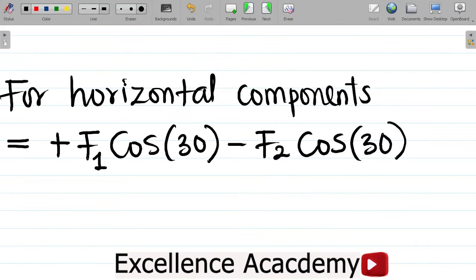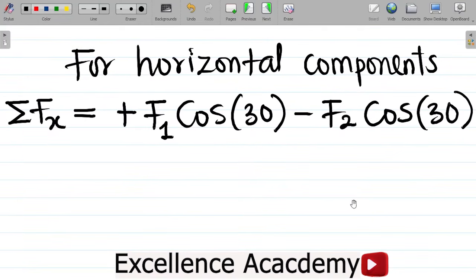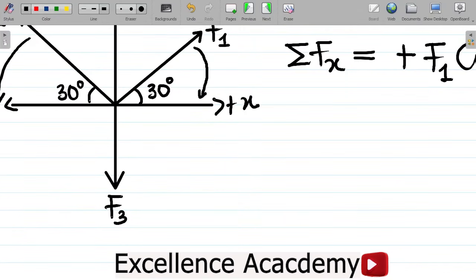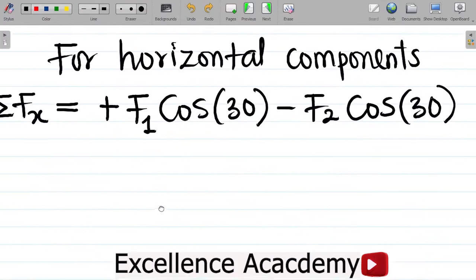So we have this as the horizontal component. F3 will not have a horizontal component because F3 lies perfectly vertical. So it has only a vertical component.